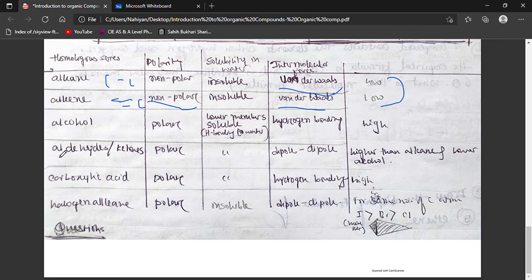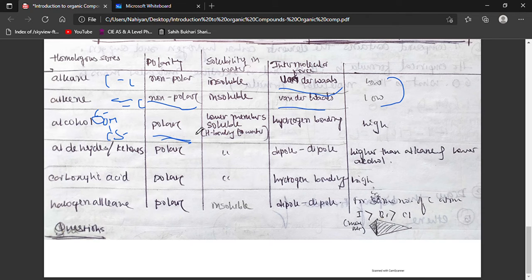But moving on to alcohol, what we have is a carbon bonded to an OH. We know that O is highly electronegative and the carbon is not so electronegative, so the electronegativity difference between them is quite high. So the oxygen can have a delta minus charge, and the carbon a delta positive charge. The oxygen pulls electrons towards itself, there is an unequal charge distribution, and it becomes a polar molecule.